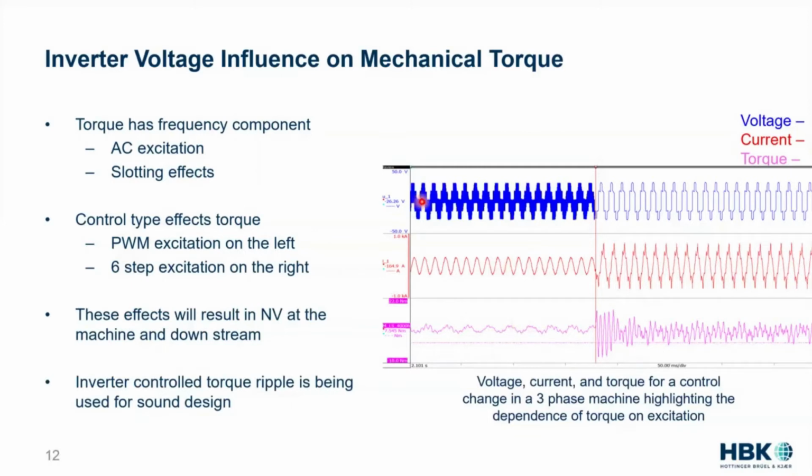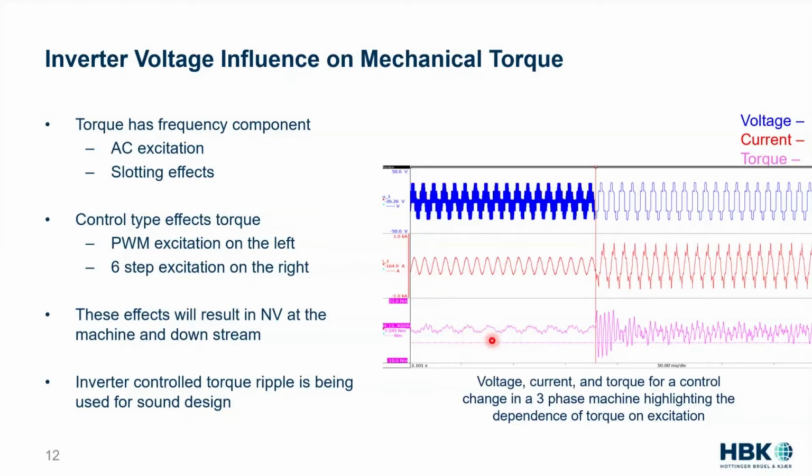We have a 13.5 kHz frequency voltage. We have a nice sinusoidal current, and we can see in our torque a ripple element, and actually that slow speed ripple's likely from the dynamometer. We've got a ripple imposed on it that has some frequency content. That's probably construction, slotting effects, excitation. And this will have an NV element, a noise and vibration element.